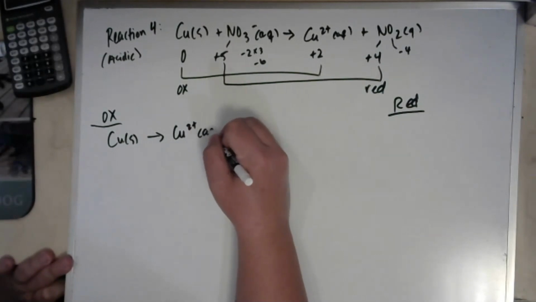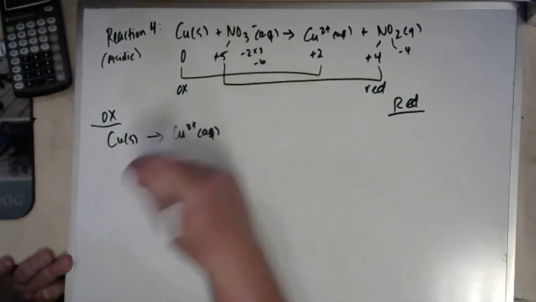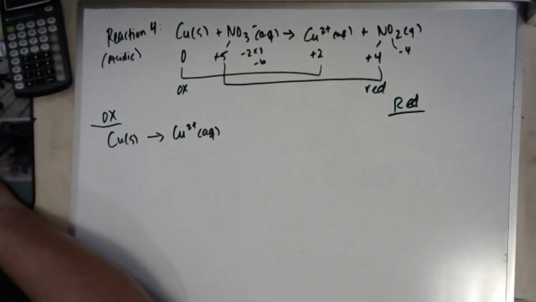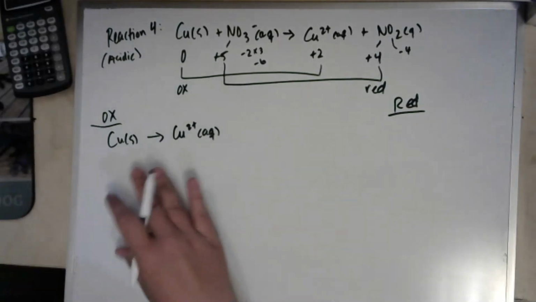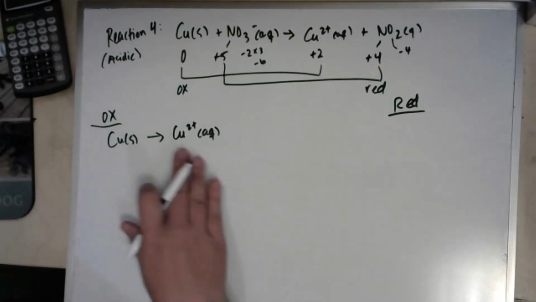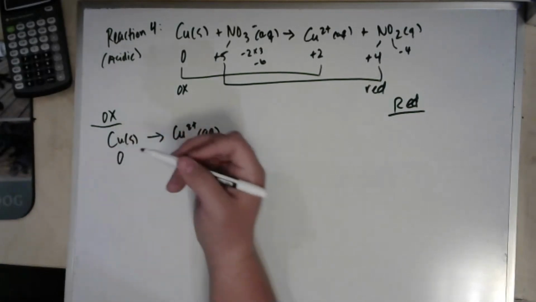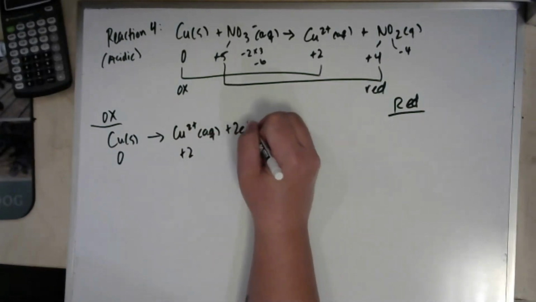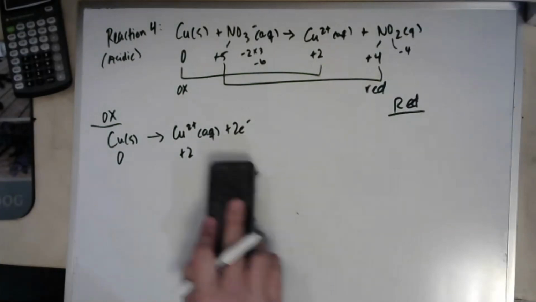That one's going to be quicker because there is no step 3 here. There's no atom imbalance. The only thing that's imbalanced is the charge. It's 0 here, it's +2 here. So we're going to add 2 electrons here to balance out that charge.